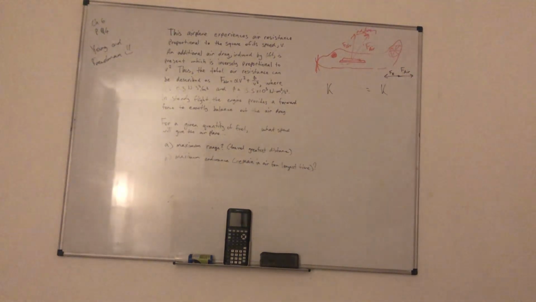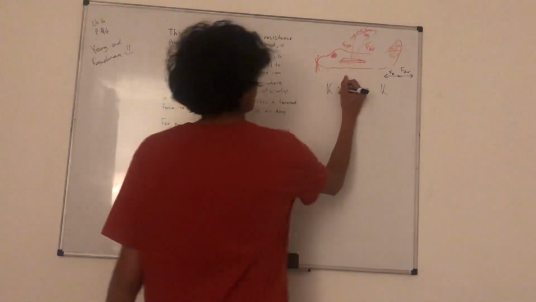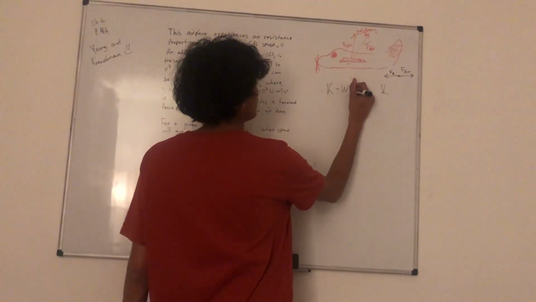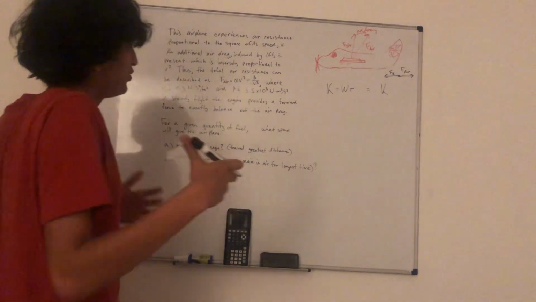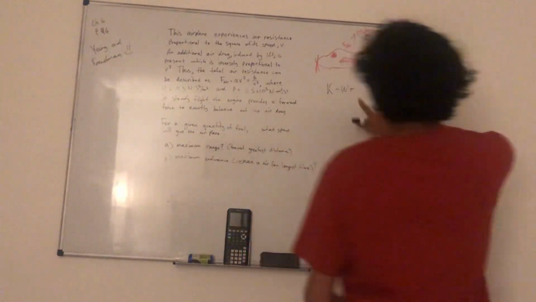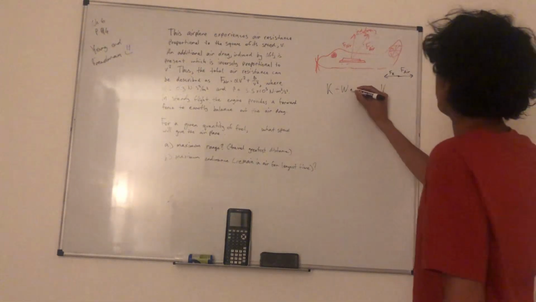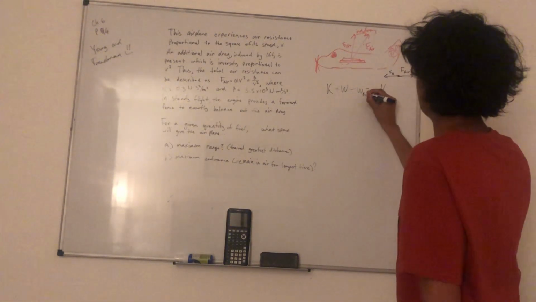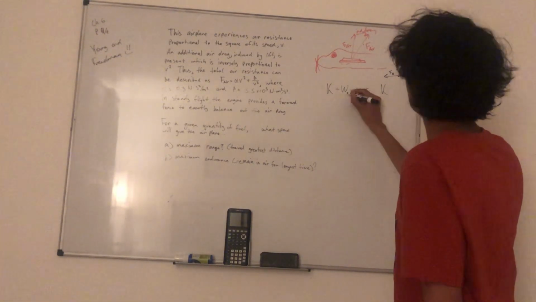So kinetic energy will remain the same, but there's going to be work done by the engine. And there's also going to be negative work done by air resistance that removes energy. So we can just label it like that.